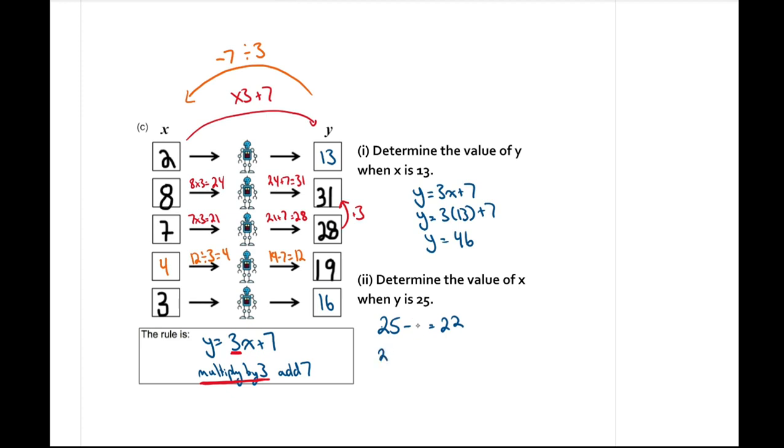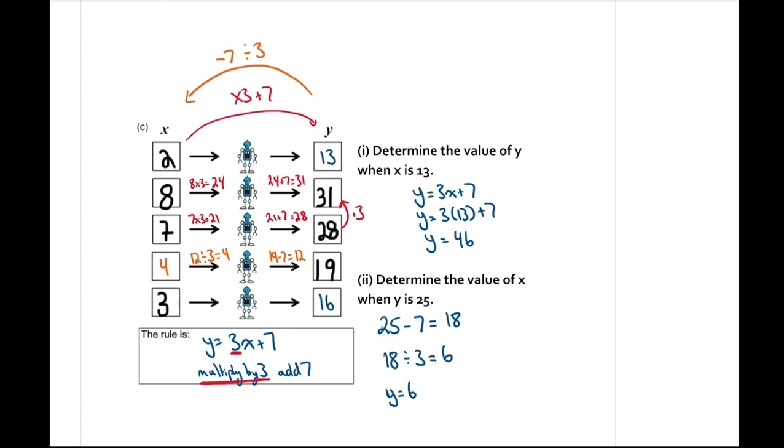Oh, not 3, sorry, my mistake. 25 minus 7 is what I'm going to do first, which equals 18. 18 divided by 3, the next step in reverse, equals 6. So therefore, x equals 6.